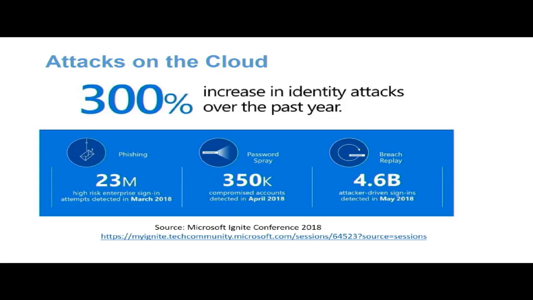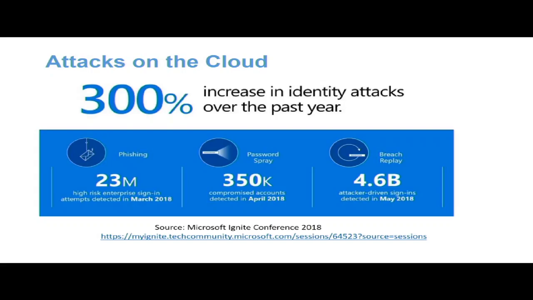These numbers are from Microsoft's latest Ignite conference. They've observed a 300% increase in identity attacks over the previous year. In a single month, they observed roughly 23 million high-risk sign-ins that appear to be indicative of phishing. They observed 350,000 accounts that were compromised in a single month by password spray attacks.